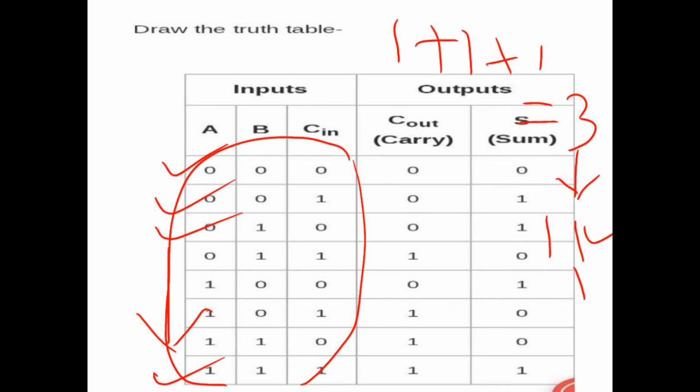So this bit will be the sum bit and this will be the carry bit. You can see here, because of this 1 1, we have sum 1 and carry 1. So with this approach, one can simply write the truth table of both the circuits.